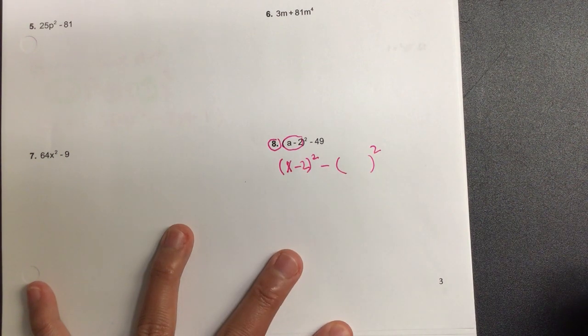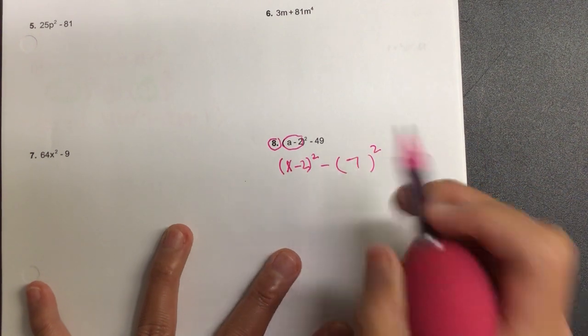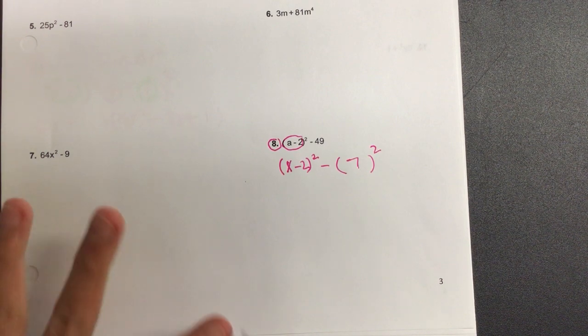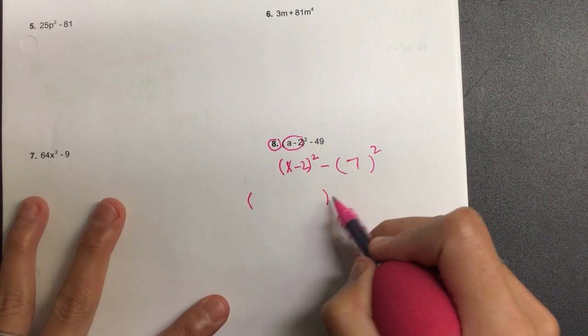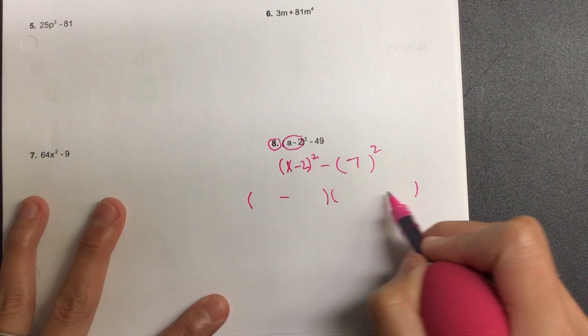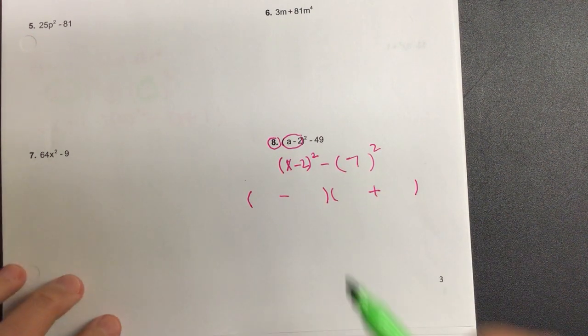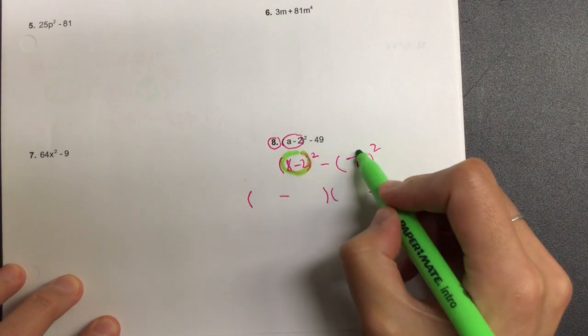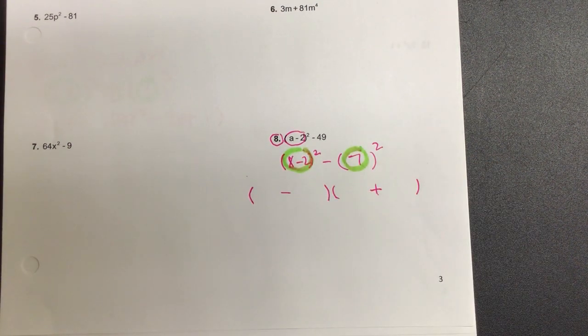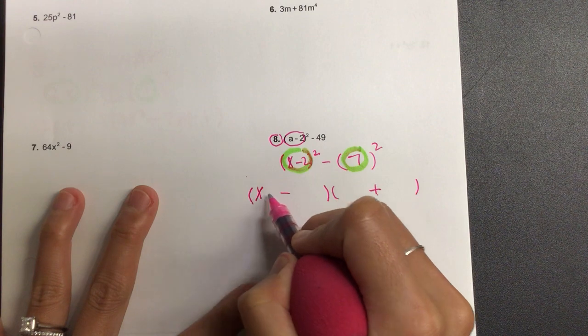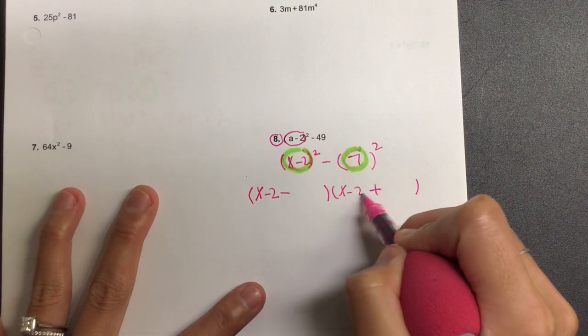For the second chunk squared, what is that going to give us? 7. And your rule for our difference of two squares is, we have the same piece, and one's a minus and a plus. You can swap those two, it doesn't really matter. And by that, everything revolves around the inside. So that inside for difference of two squares is going to repeat here and here.